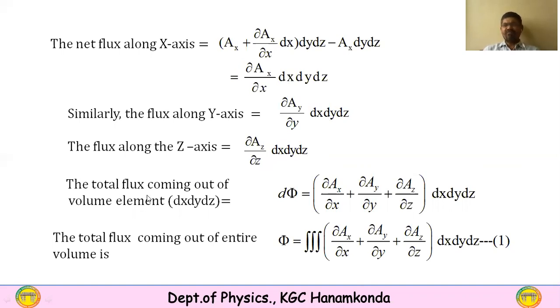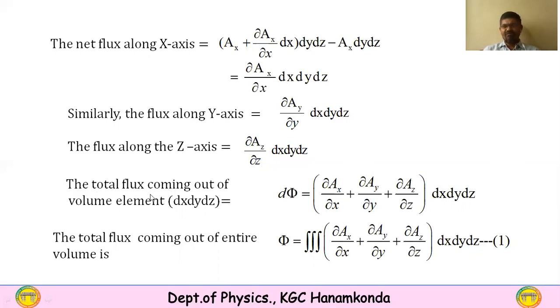Therefore, the total flux coming out of that volume element is given by the flux along the x-axis, that is ∂Ax/∂x into dx dy dz, plus the flux along the y-axis, that is ∂Ay/∂y dx dy dz, plus the flux along the z-axis, that is ∂Az/∂z into dx dy dz. In all these three terms, dx dy dz is common, therefore take it out.